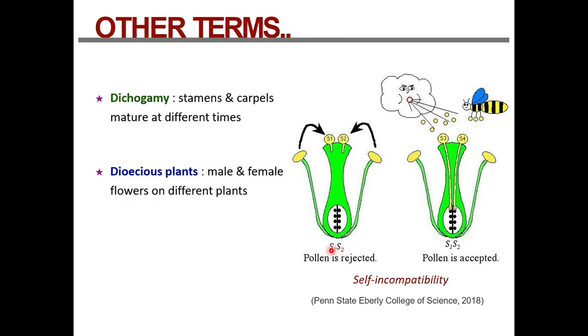S1 and S2 alleles with matching S genes on the pollen cannot produce a pollen tube. However, if it is a different allele, S3 and S4, it can produce a pollen tube and fertilize. Fertilization can happen with the S1 and S2 alleles in the ovary.